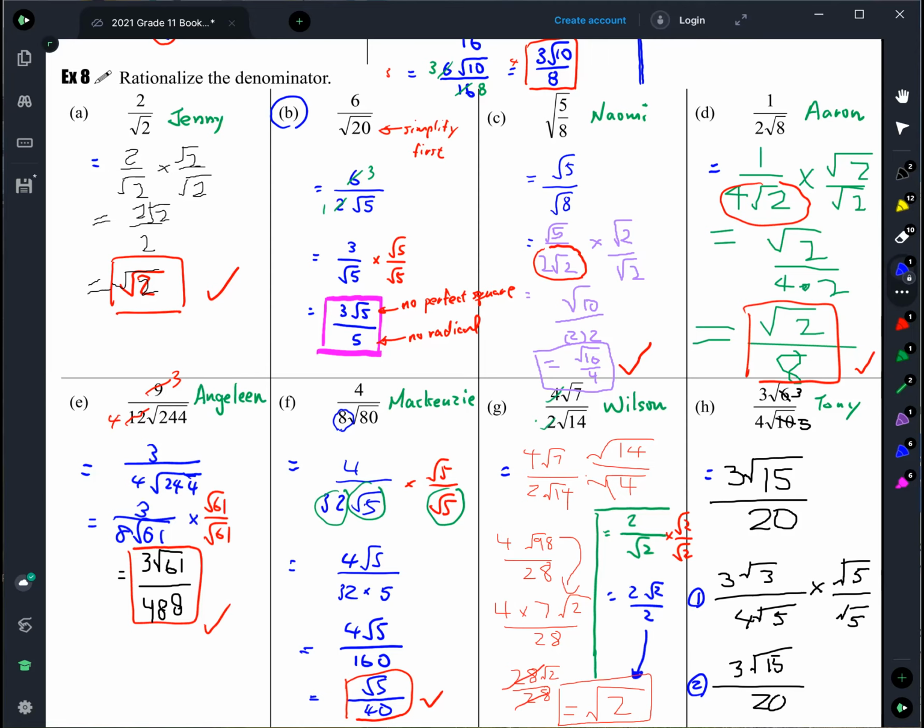Please raise your hand if you got everything down, and then we're going to move on to the next page. So check your steps with the answers here.